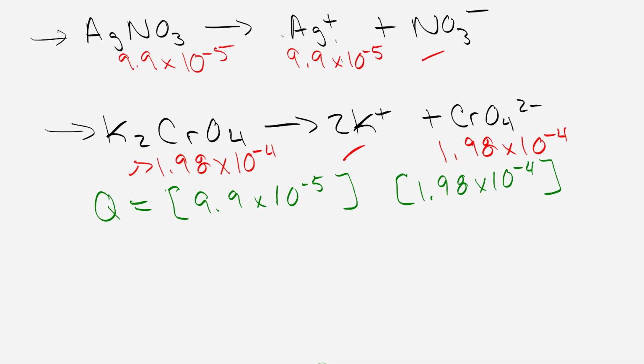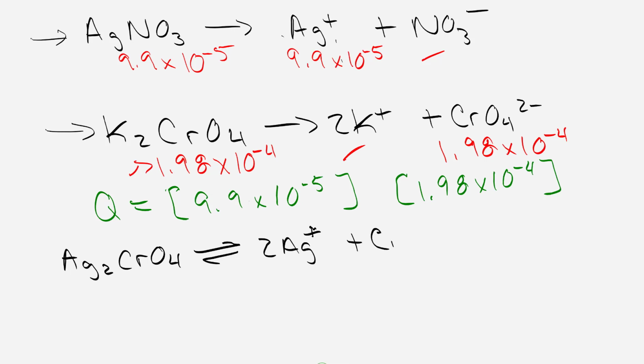So for Ag2CrO4, our expression at equilibrium is 2 times our silver, so Ag plus, and CrO4 2 minus.